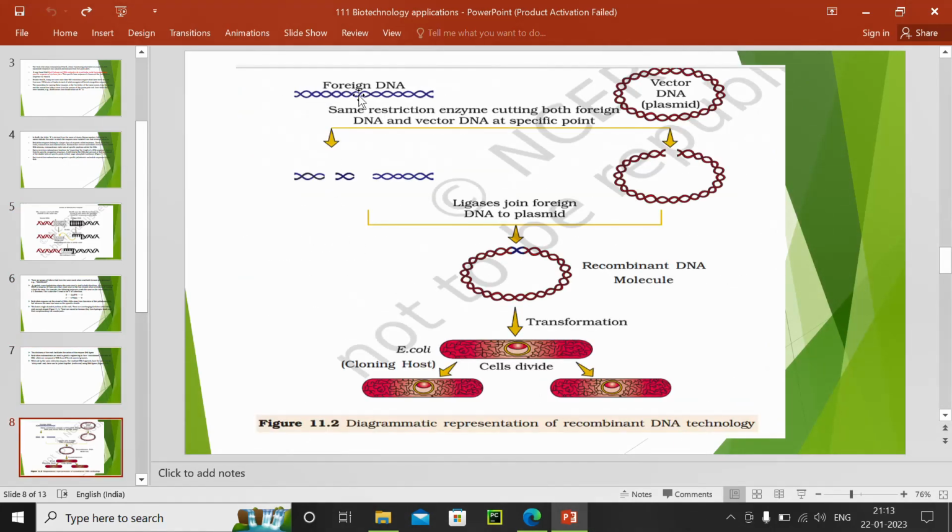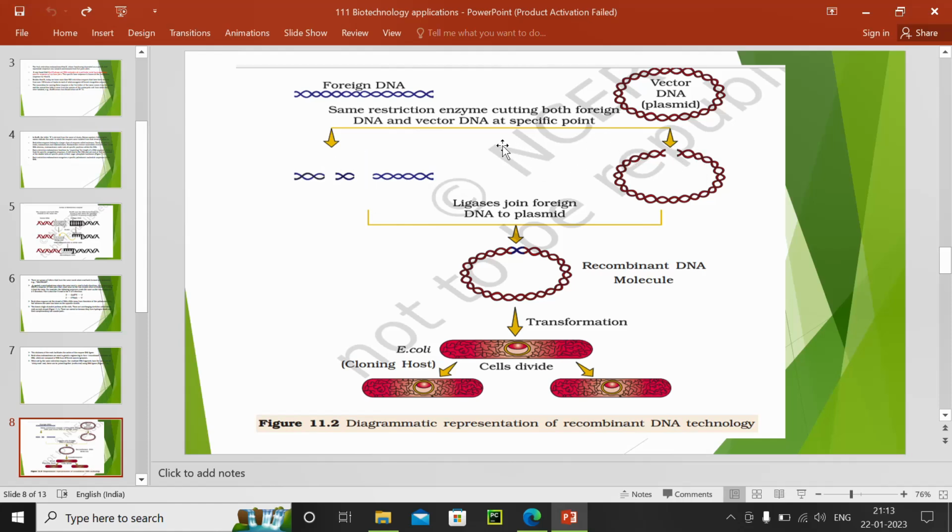So this is foreign DNA, this is vector DNA plasmid. Plasmid DNA is nothing but circular, and foreign DNA might be circular or it might be linear. What happens when a particular DNA sequence of palindrome or palindromic sequence, which is called the recognition sequence, is found on foreign DNA and vector DNA?